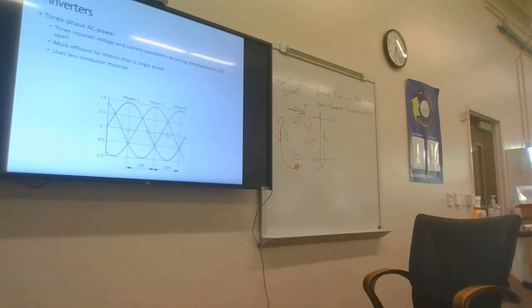Make sense so far? Now I take a coil of wires and I put one coil at each of those sections. Now I put a big magnet around this and I begin to spin that magnet.